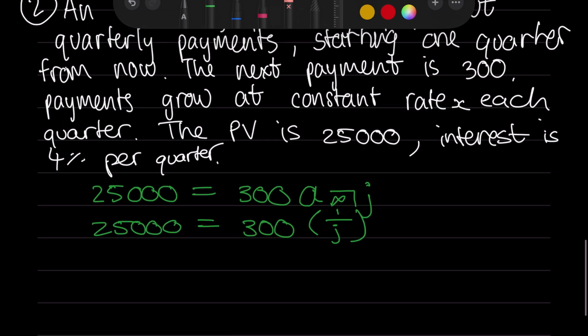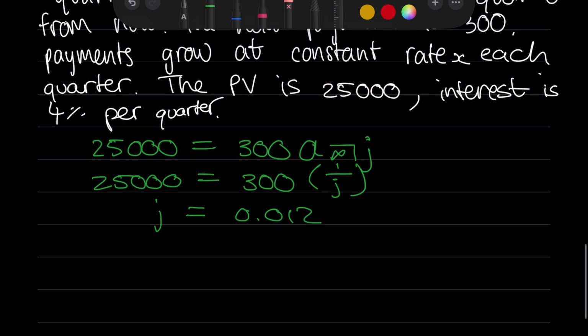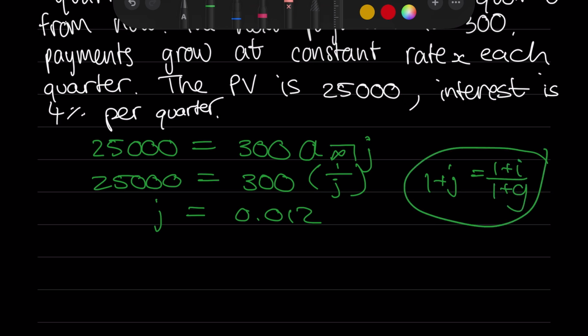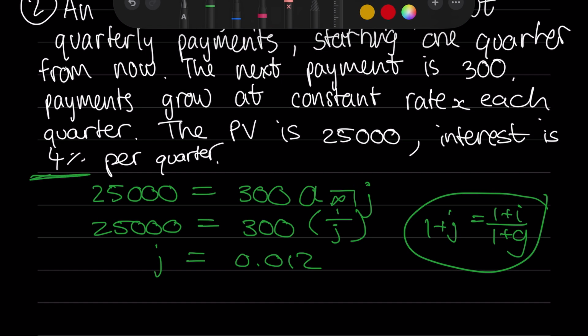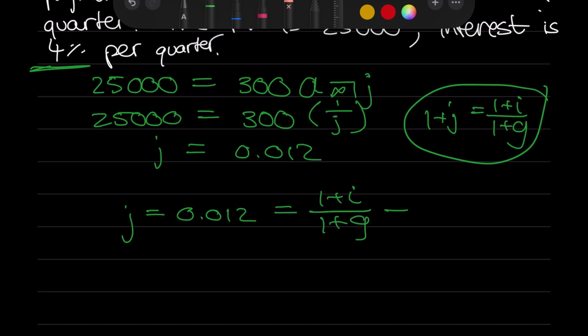So now we work out J. From increasing annuities, we can remember this formula. In this question, because they gave us the interest, we now want to work out the growth. So J is equal to (1 plus i) over (1 plus g), minus 1.